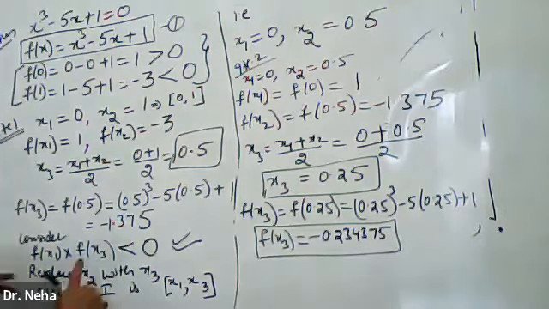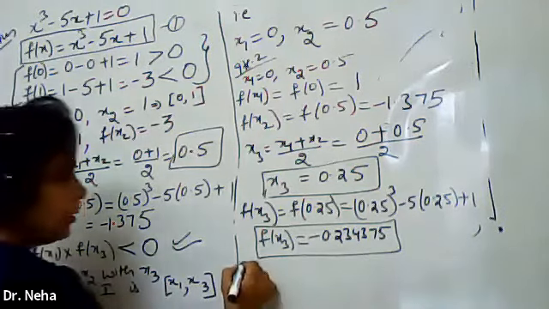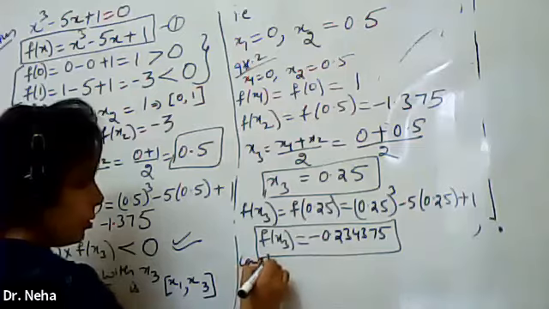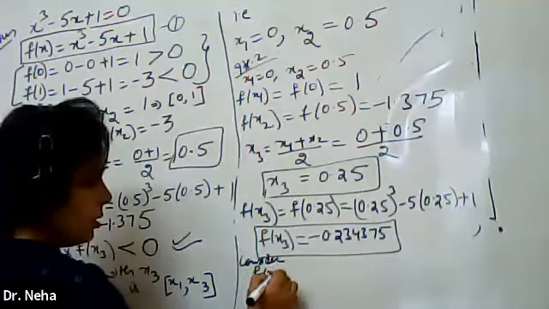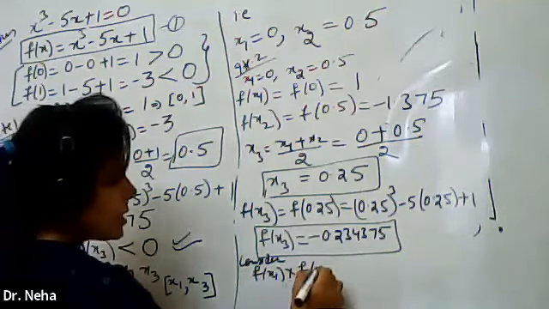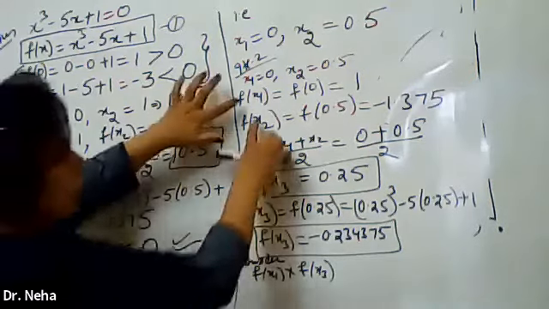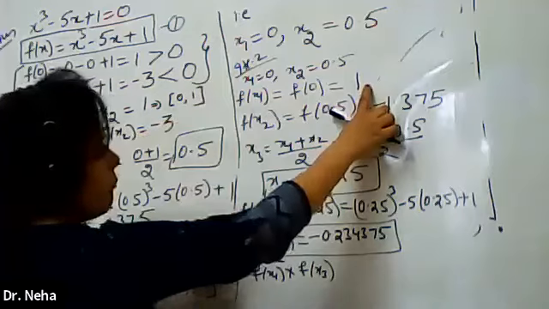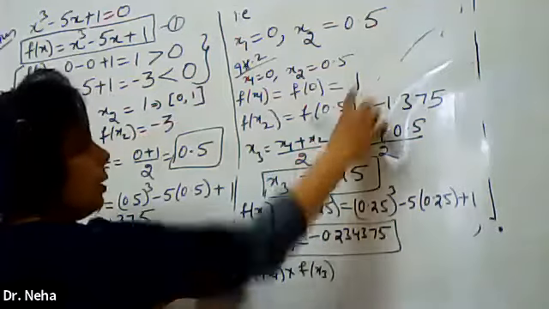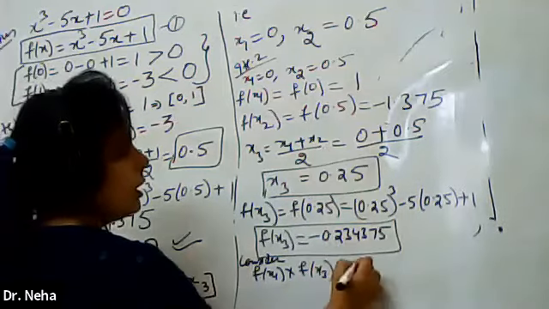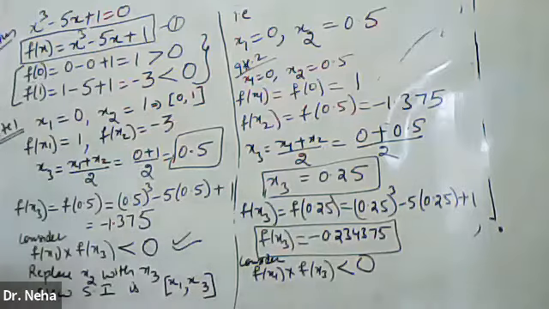Now see the same working rule. Consider f(x1) multiplied by f(x3). We don't need the value. We only need the sign. See, f(x1) positive, f(x3) negative. When you multiply both of them, you will get a negative sign. Again negative sign.